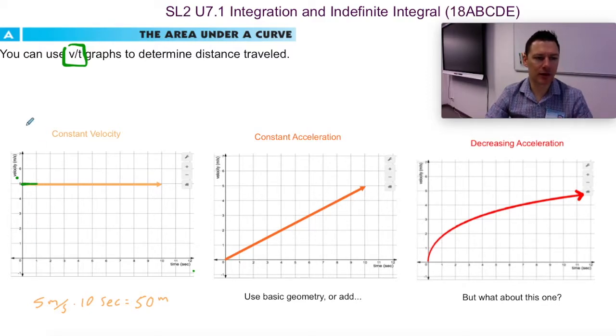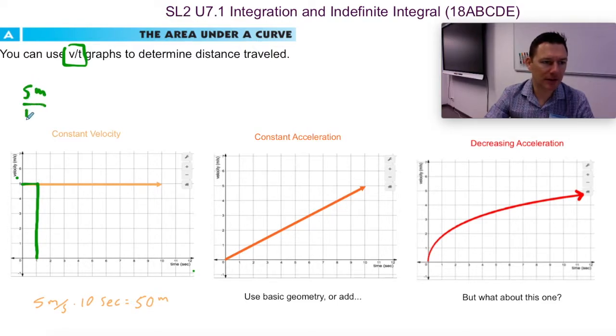This means your car is moving at 5 meters per second, this part of it. This velocity is 5 meters per second, for 1 second. And this width is 1 second elapsing, right?